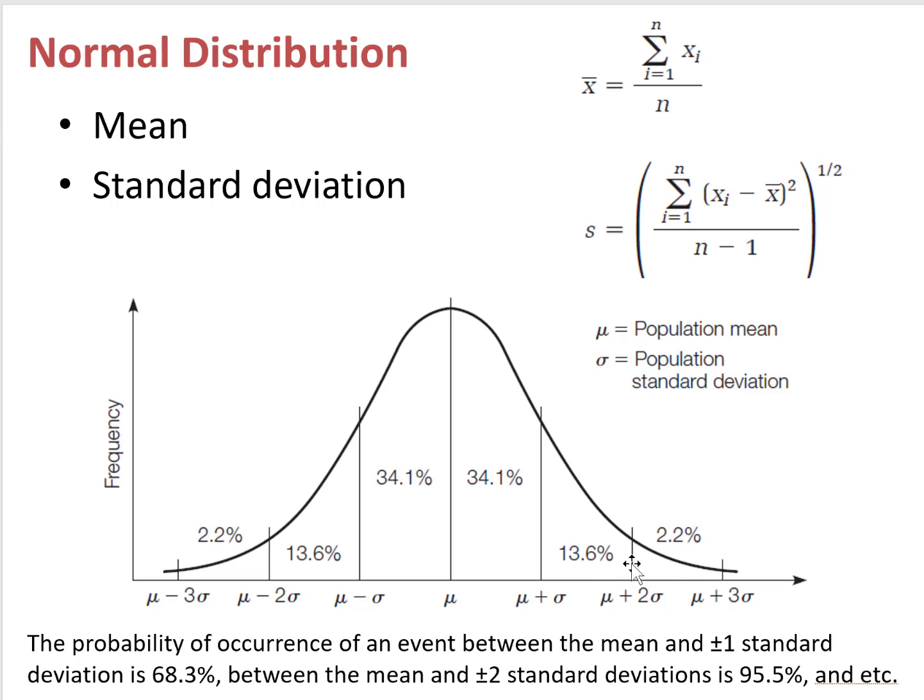And between this value, mean minus 2 times standard deviation to mean plus 2 times standard deviation will be approximately 95.5%. And the probability between the mean minus 3 times standard deviation to mean plus 3 times standard deviation will be 99.7%. So actually, this is almost 100%.